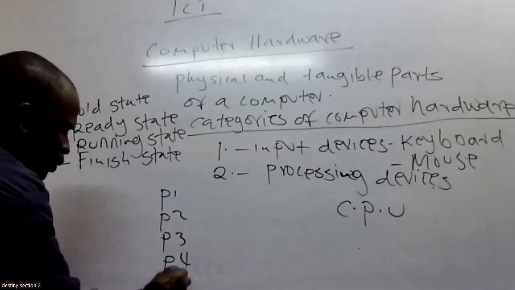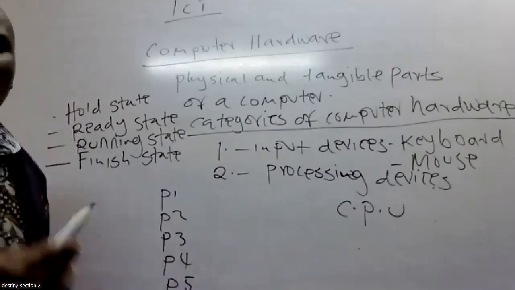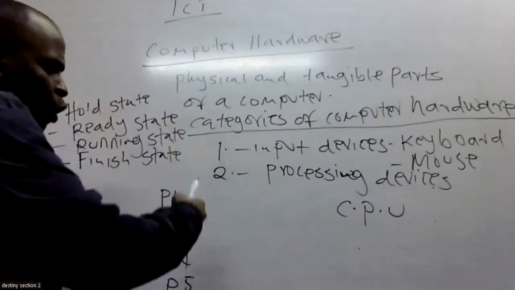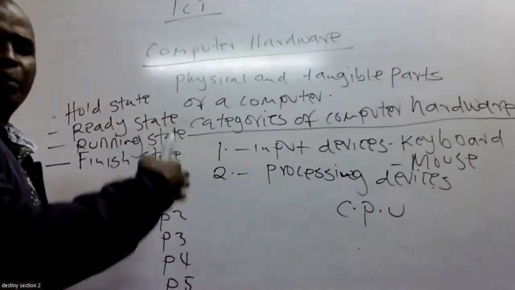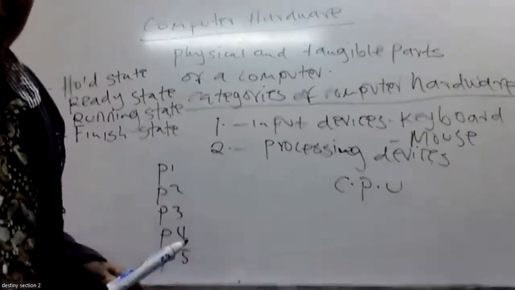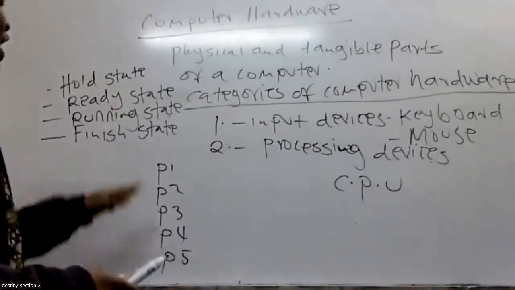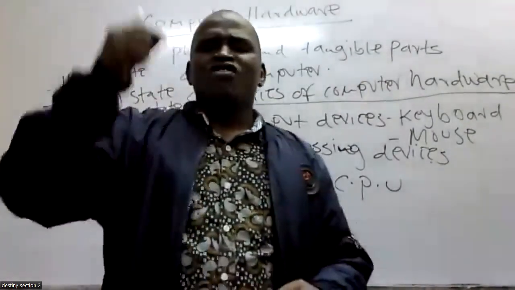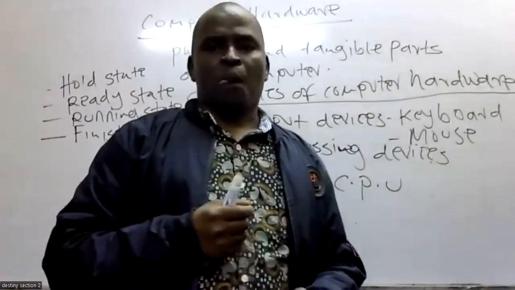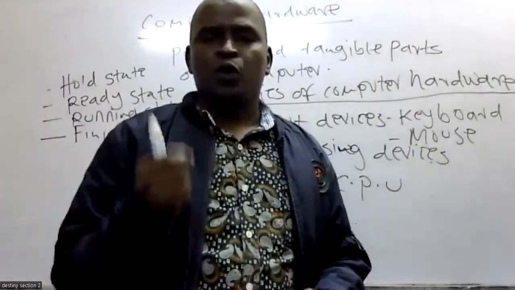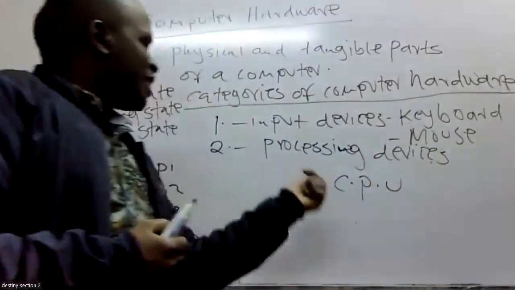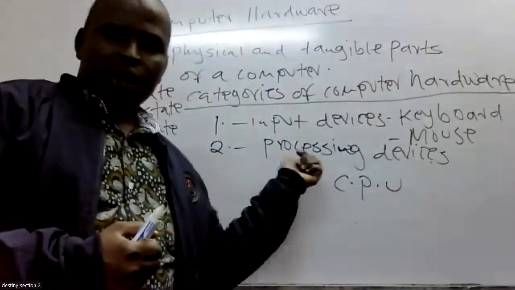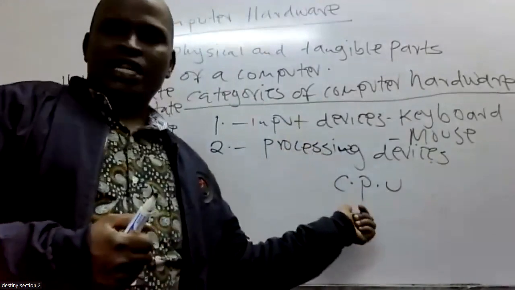We can as well have process 5. So in other words, we can have as many processes as possible in the ready queue. What I mean by ready queue is that they are ready to be processed by the processing devices. The processing device, that is what? The CPU.